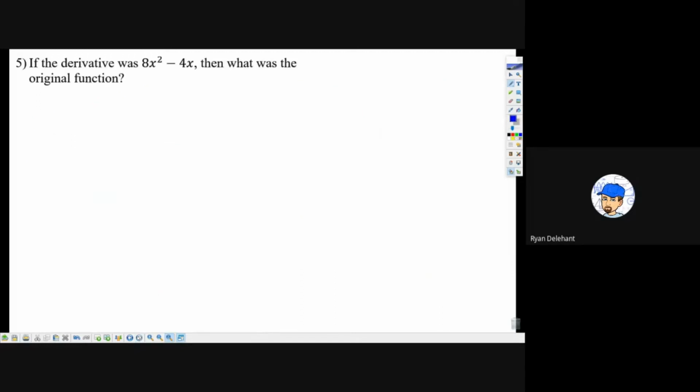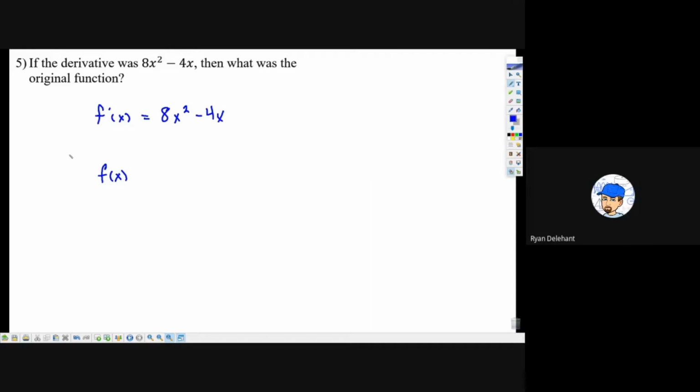One last topic. So I say if the derivative was 8x squared minus 4x, then what was the original function? And what we're working with here is what's called the antiderivative, which is something we talk about after we get much further through the derivative, but just the idea of working backwards just to start that process. So the derivative we found was this. What I want to know is, what did we start with?